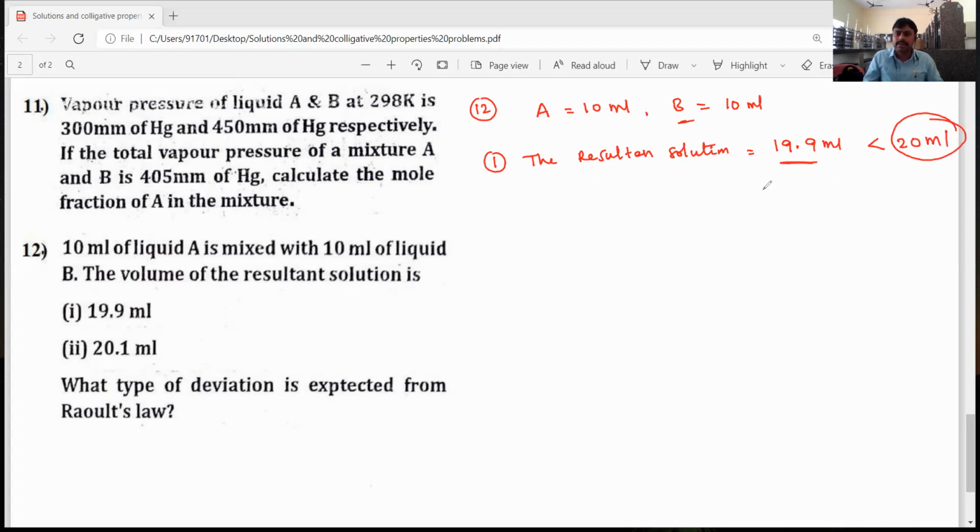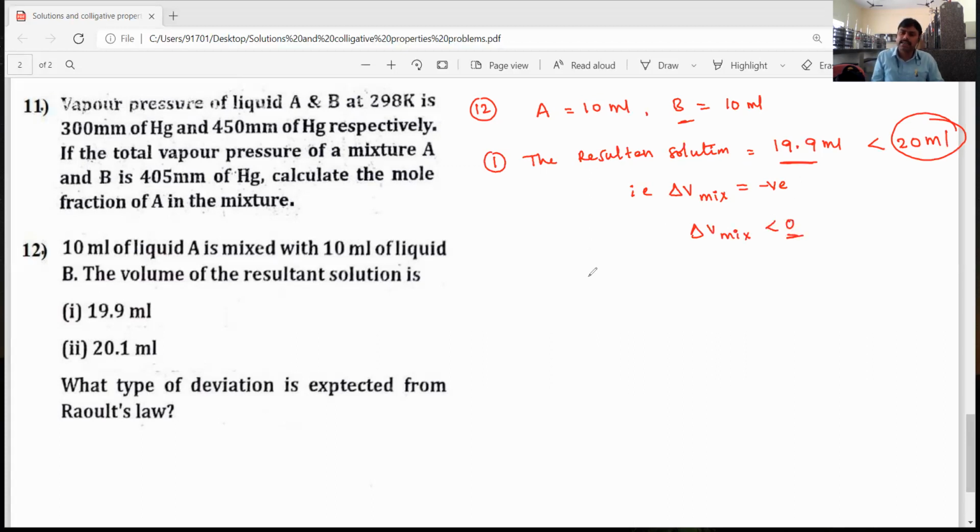So since it is less, delta V mixture is negative, or delta V mixture is less than 0.